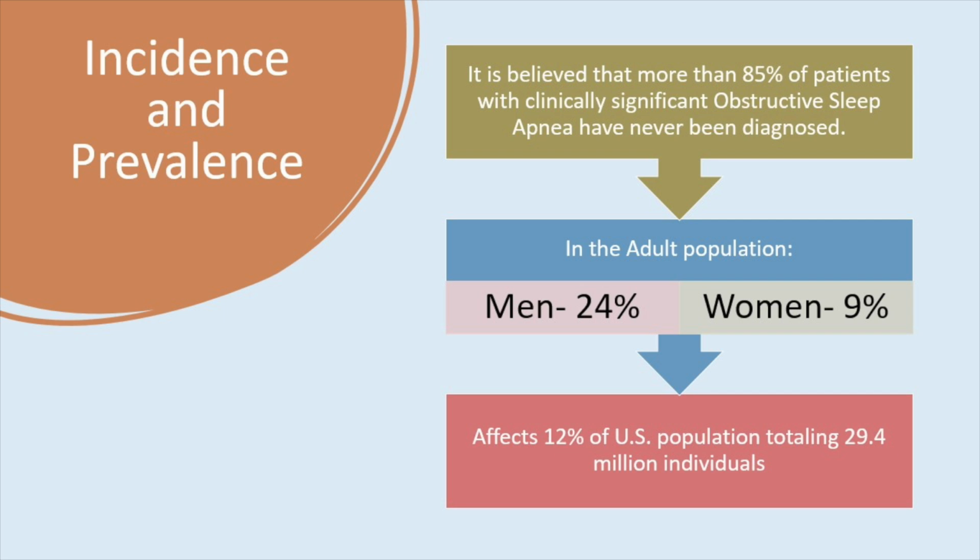But remember that 85% of the individuals with this condition have not been diagnosed. So I mentioned the snoring because if you know anybody who's a loud snorer, they might wake up at night and gasp for air. That could be the telltale sign that they have sleep apnea but are not diagnosed.